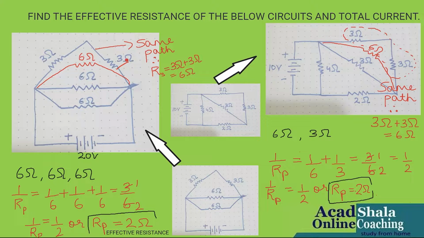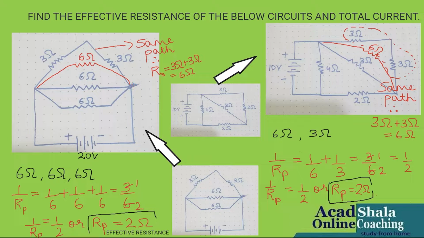Whatever calculation I have done by adding the resistance in series, I have put up the 6 ohms together, collectively, instead of separately.